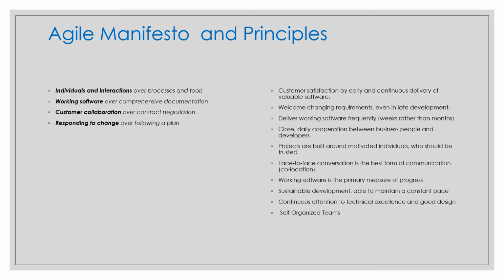We welcome changing requirements, the agility in development. We deliver working software very frequently, and we complete one component, get the feedback, and based on that we improvise and complement our DoD. We close it. We do daily collaboration, with the values and pillars we will discuss, between the business people and the developers.